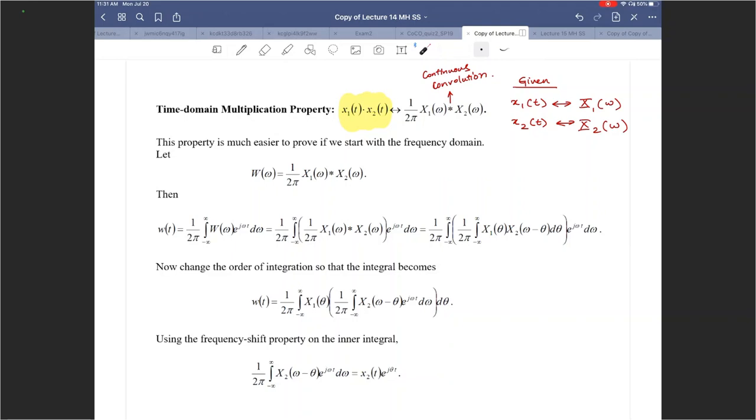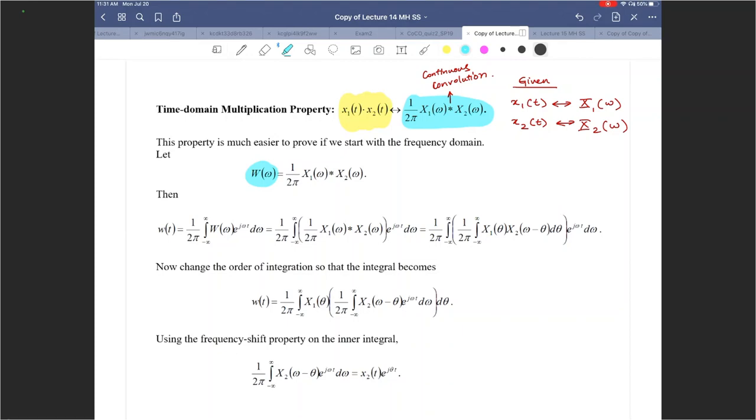Now, this property is much easier to prove if we start off in the frequency domain. So let us define capital W of omega, the entire right hand side, as the convolution of cap x1 and cap x2, and you're also including the 1 divided by 2 pi factor here.